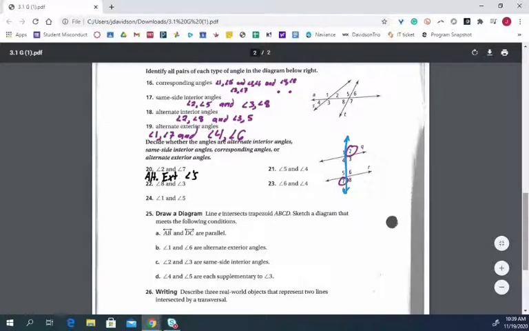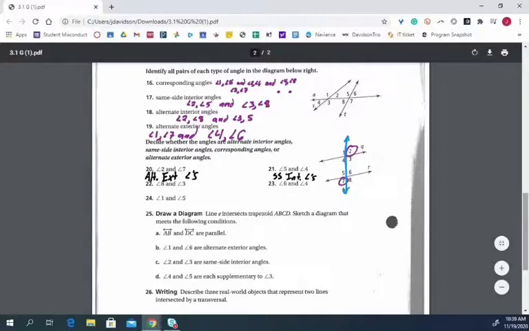Number 21. They're interior, right? Are they same side or alternate? They're same side, so I abbreviate that SS. So it's same side interior, SS INT, angles. I understand this one.